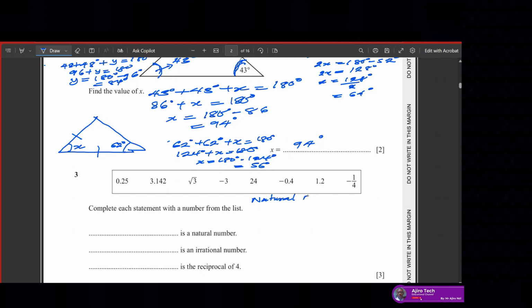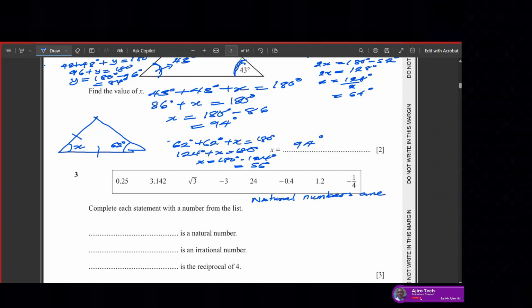Natural numbers are counting numbers. The numbers you counted when you were in basic 1 or 2. 1, 2, 3. So amongst all of these, which one do you think is the natural number there? 24. Do you get? Why not -3?